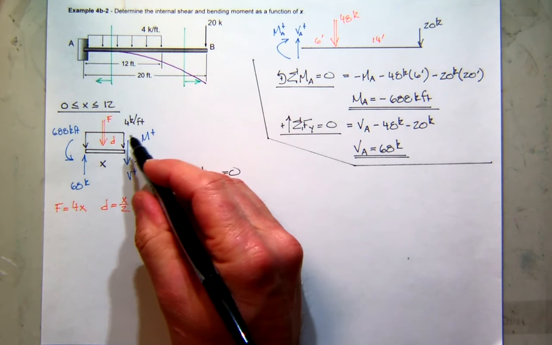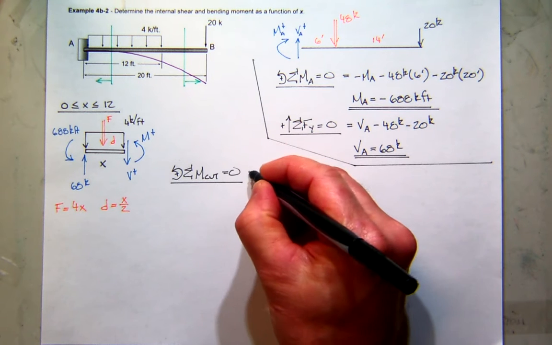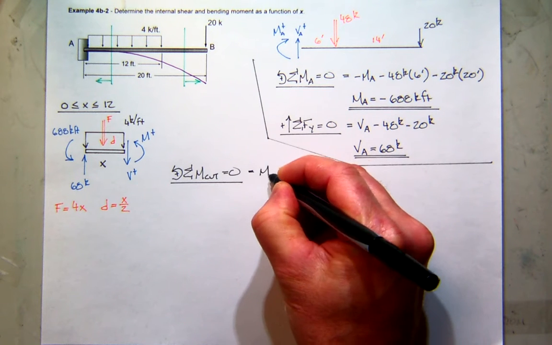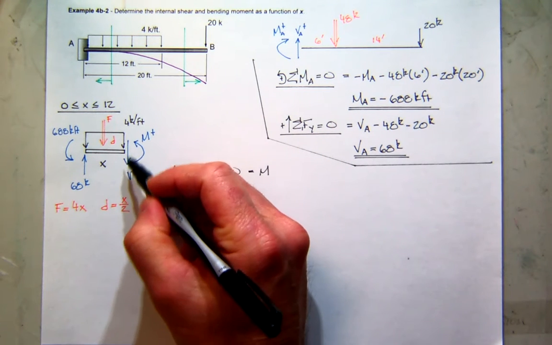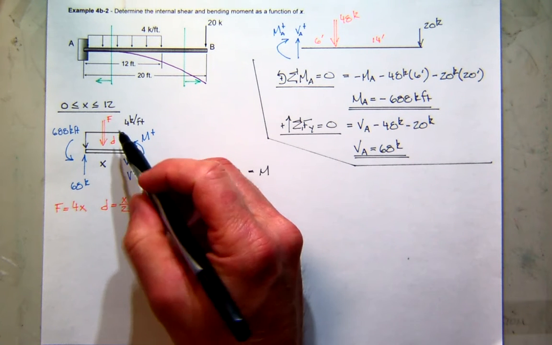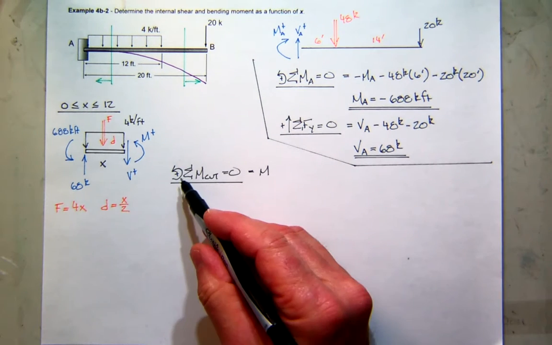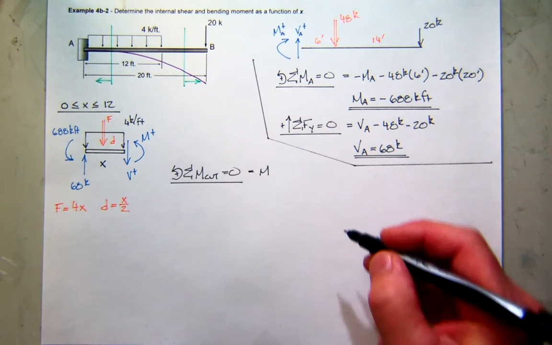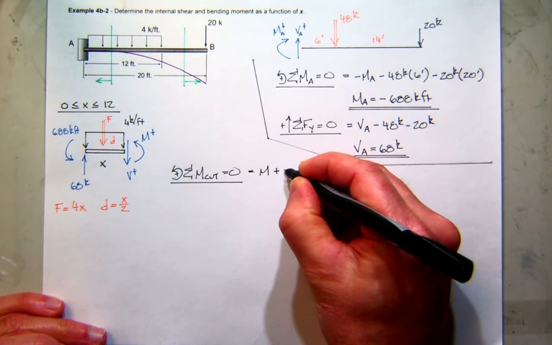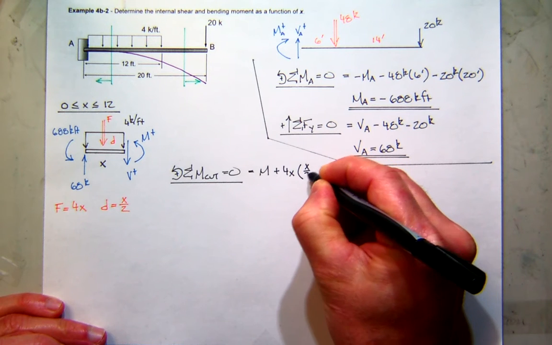Starting here, what kind of moment is this with right-hand rule? Positive or negative? Positive. So that'll be moment. Now, does this shear force create any moment about the cut? No. Now, this force, the way I've drawn it here, is that going to create positive or negative moment about the cut? Positive. So the force is 4x times the distance of x over 2.